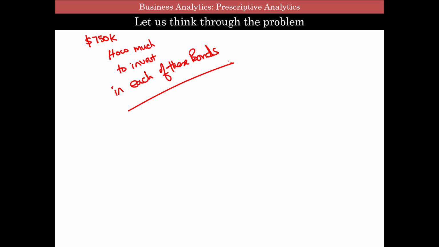So you have 750,000 to invest, and you need to know how much to invest in each of these bonds, right? So essentially that's the decision you need to make. And then your objective is to maximize your total returns, okay?